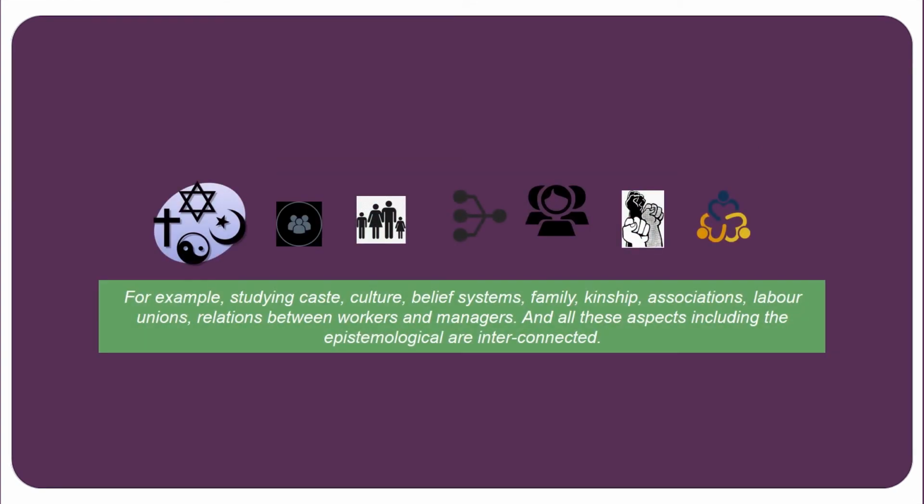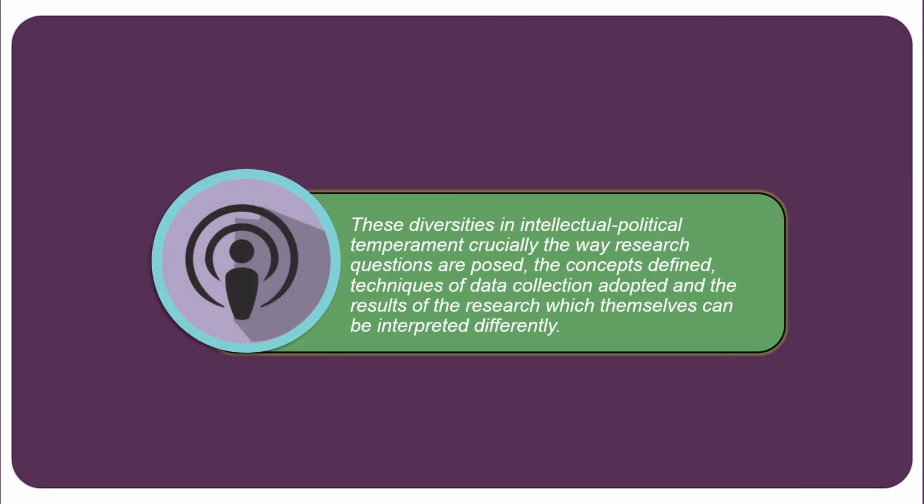For example, studying caste, culture, belief systems, family, kinship, associations, labor unions, the relation between workers and managers, all these aspects, including the epistemological ones, are interconnected. These diversities in intellectual and political temperament crucially affect the way research questions are posed, the concepts defined, and the techniques of data collection adopted, and the results of the research can themselves be interpreted differently.